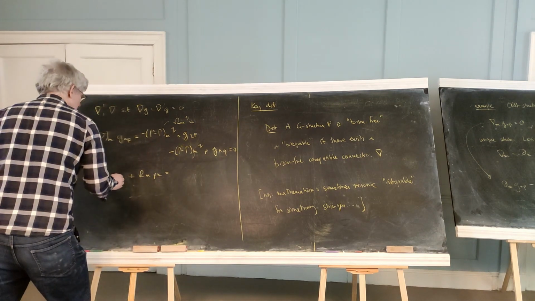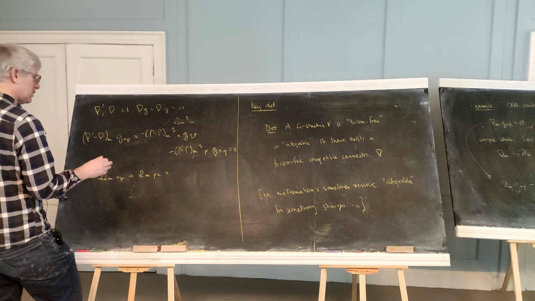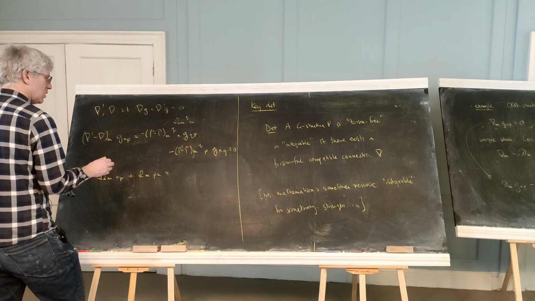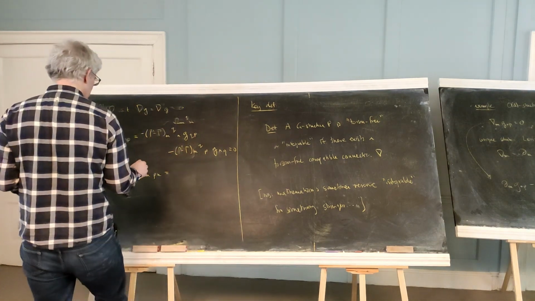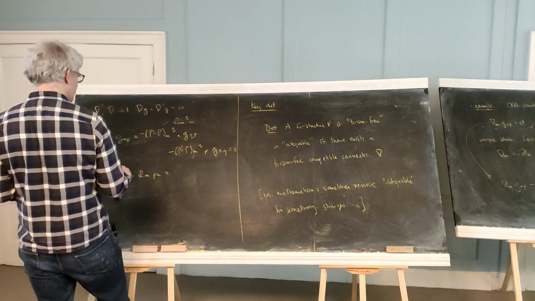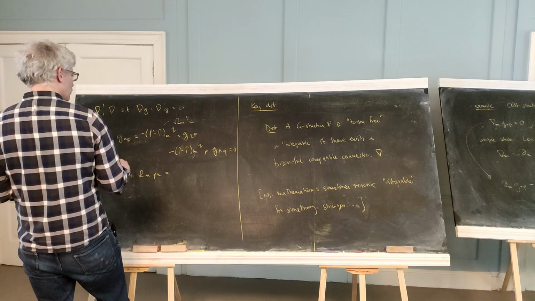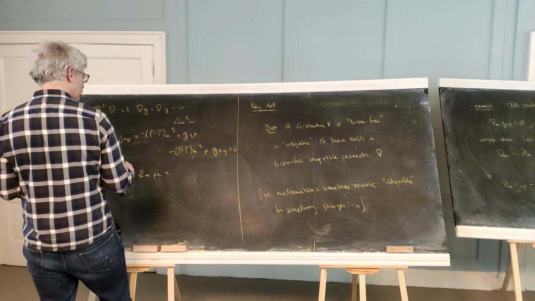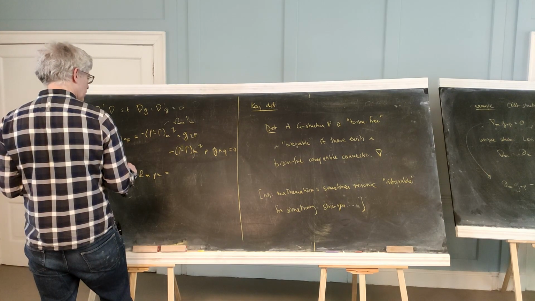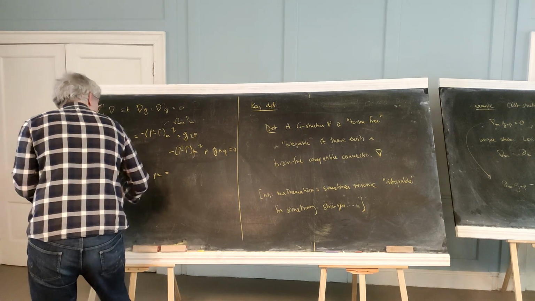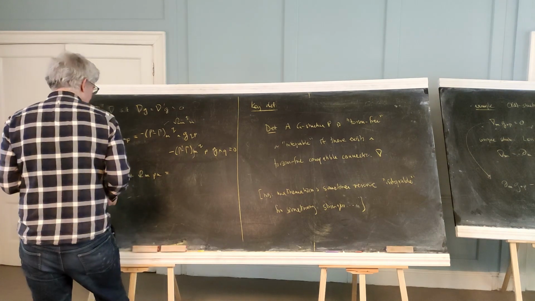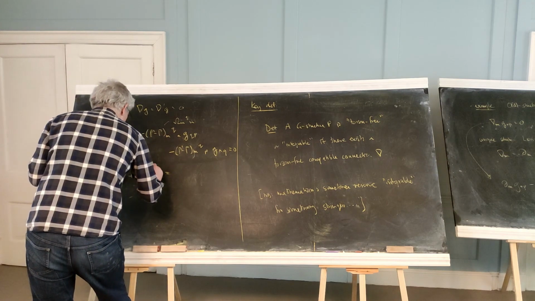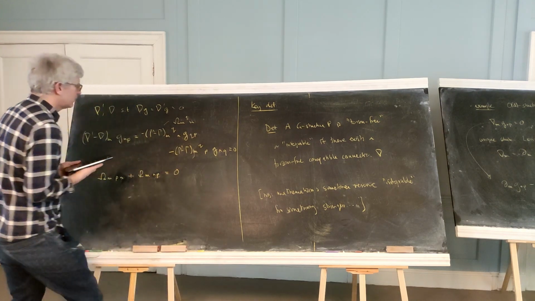Am I doing this right? What did I do wrong? Sorry: omega_mpn plus omega_mnp equals 0, right?